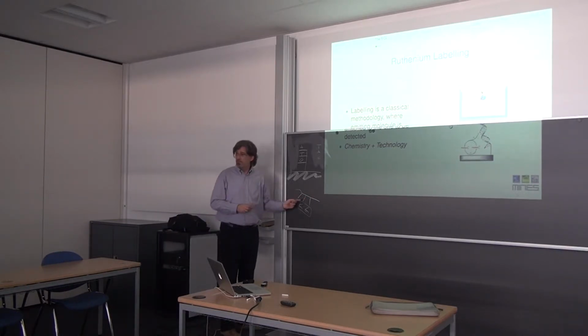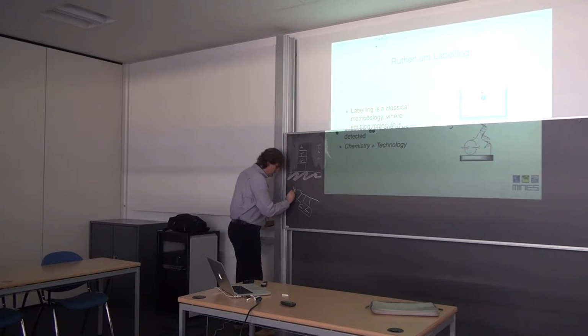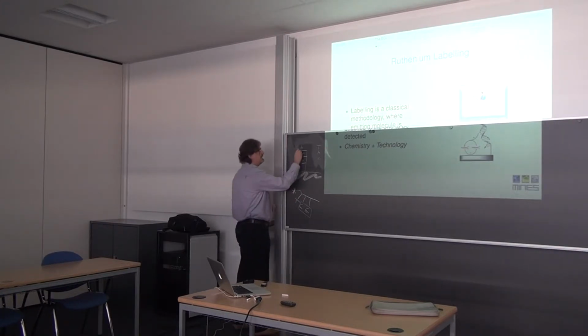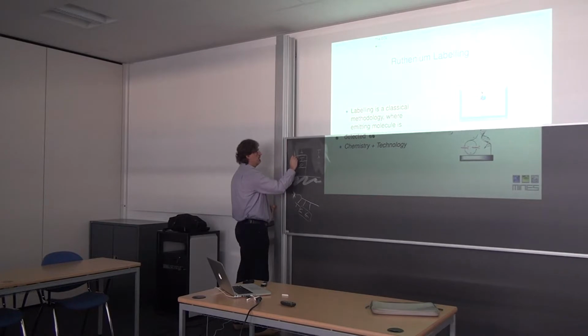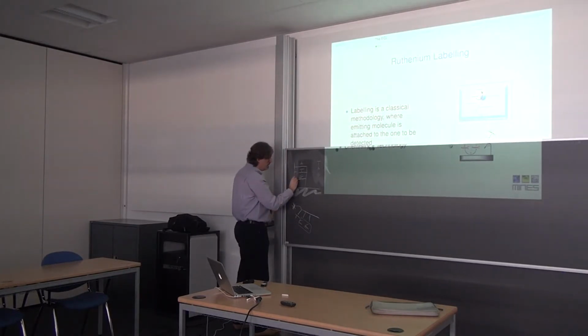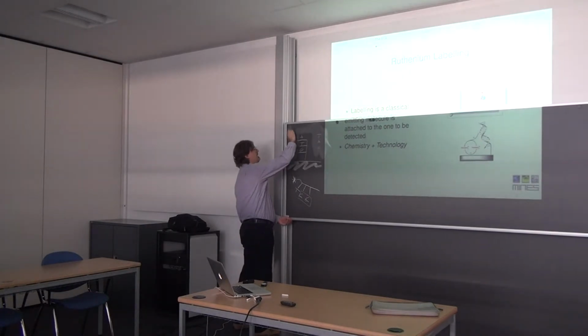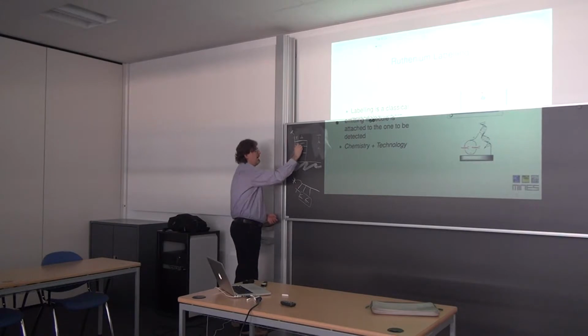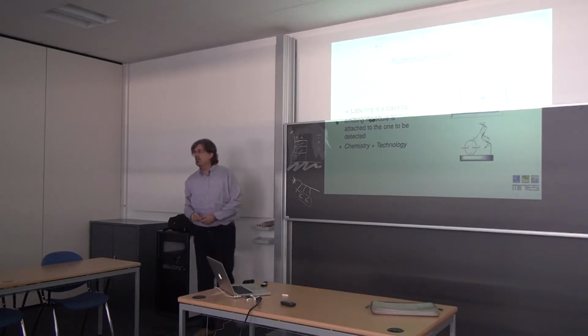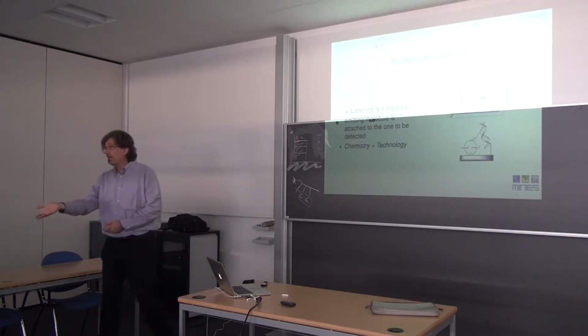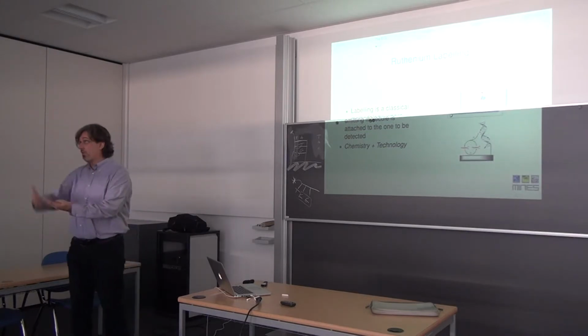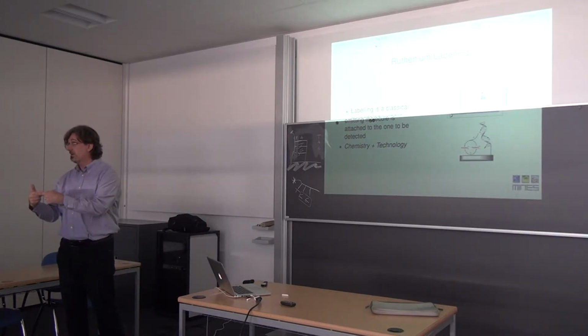This strand, always labeled, can link here using the T. Okay? And here I have the label. But the energy of a link is very much lower than when I have the full link. Okay?